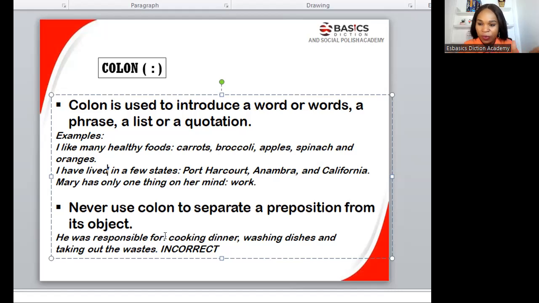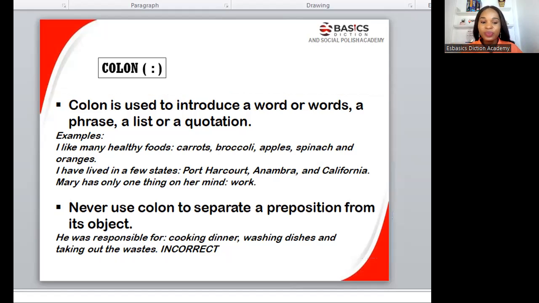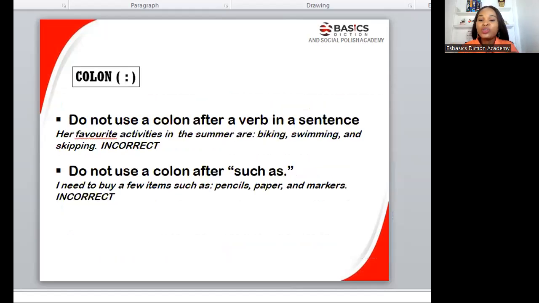It's still within the same thought group. He was responsible for cooking dinner, washing dishes, and taking out the waste. That's correct. Do not use a colon after a verb in a sentence.